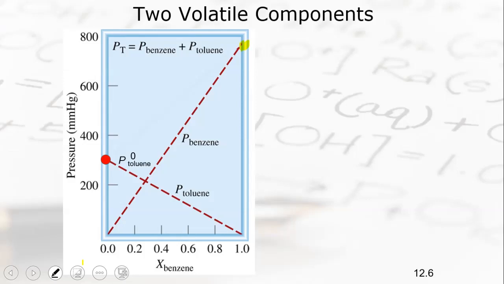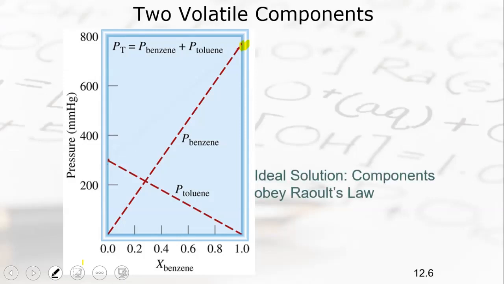But in the process, if I'm adding the vapor pressures, what I find is that in this solution, both components obey Raoult's law, and you get a straight line in there. This is what we call an ideal solution. Again, it's a solution where each one of the components obeys Raoult's law, and therefore the total vapor pressure of the solution is simply the sum of the partial pressures of each one.